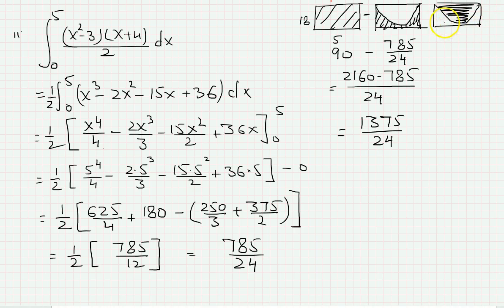So the value of this area is 1375 over 24. So you can write as a mixed fraction, and you can write it the way it is. So this is the area of this shaded figure.